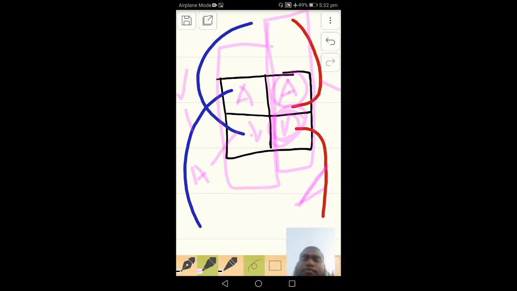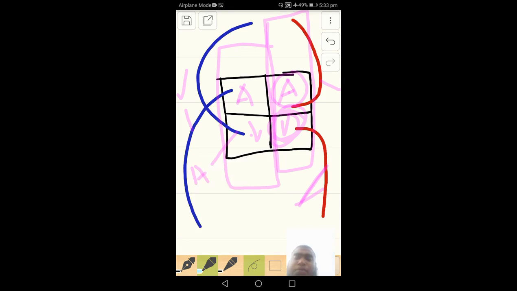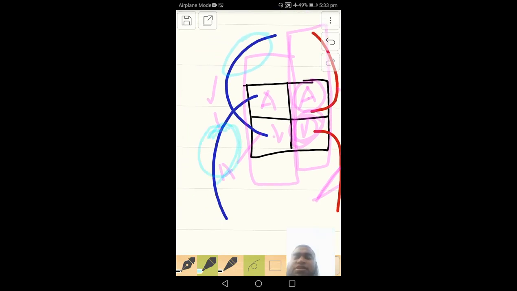Okay. Now look, the blood vessels attached with the right side of the heart are given blue colors. That means the blood vessels attached with the right side all contain deoxygenated blood.